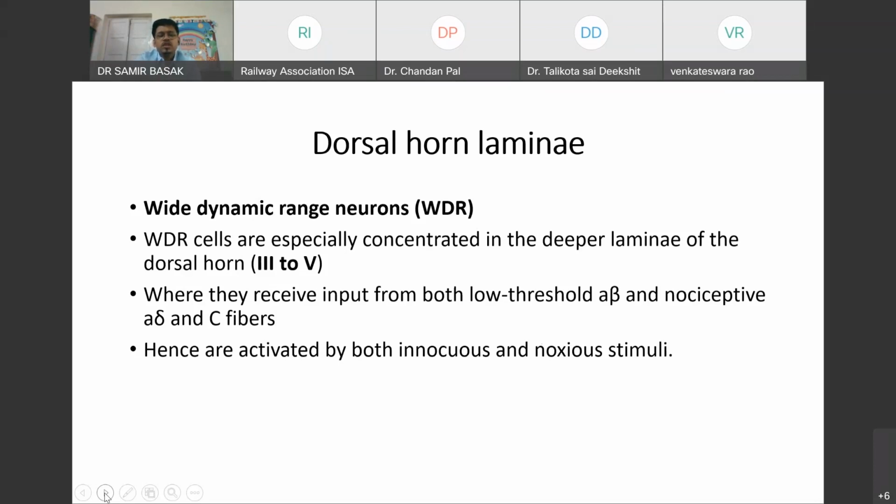So when we feel a non-painful stimulus as painful, and some other pains, these are all regulated and modulated in the wide dynamic range neuron. We term this allodynia. Allodynia is a non-painful stimulation becoming painful. So the wide dynamic neuron in lamina 5 is the important part.